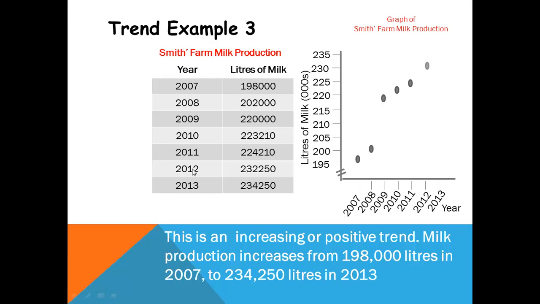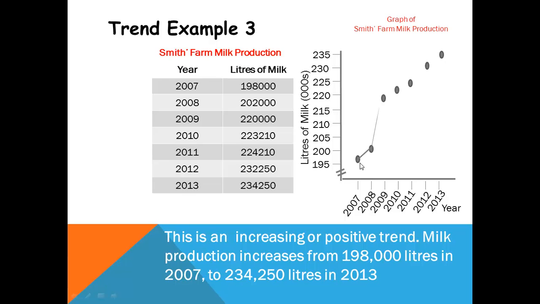And then I just finish it off with 2012 and 2013, which is there. So there, and it's almost at 235, but not quite. We would now link up all the dots, but we wouldn't link it with the axis here, because actually it doesn't start at the axis, it starts at 2007.